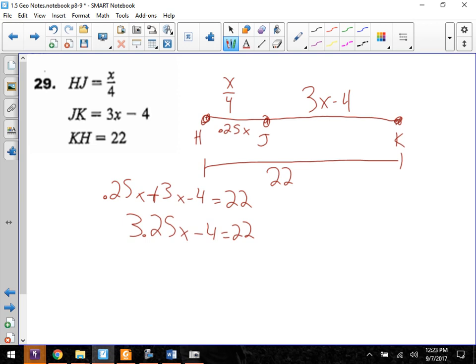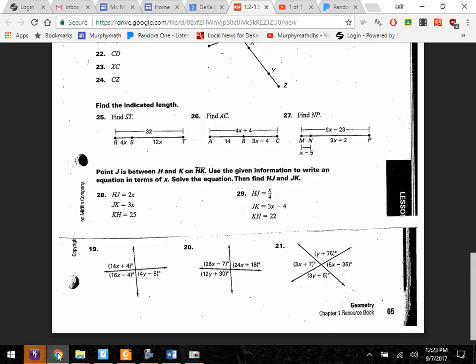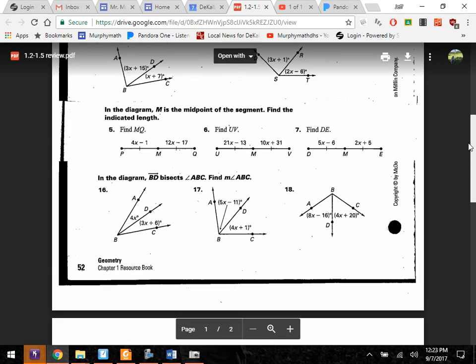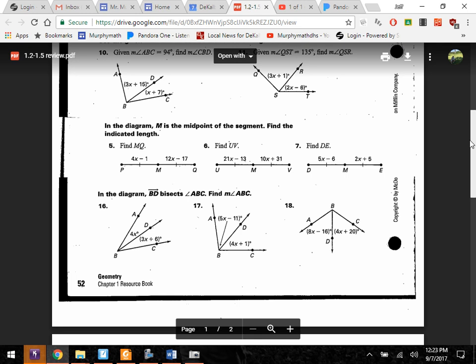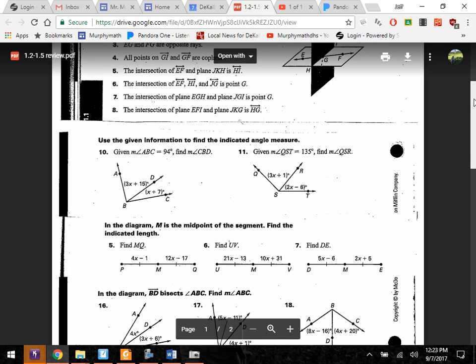So, what haven't we talked about on this sheet yet? The angles. We went through all the segment stuff, so let's go back and look at the angles. The middle of the first page, questions 10 and 11. It says find the indicated angle measure.